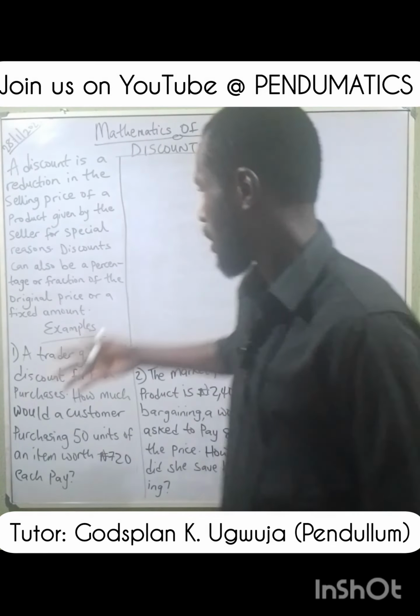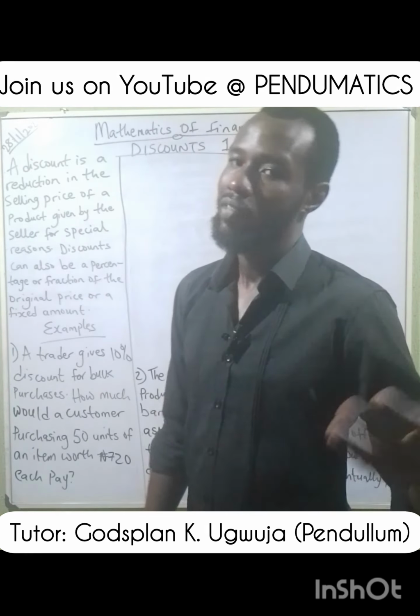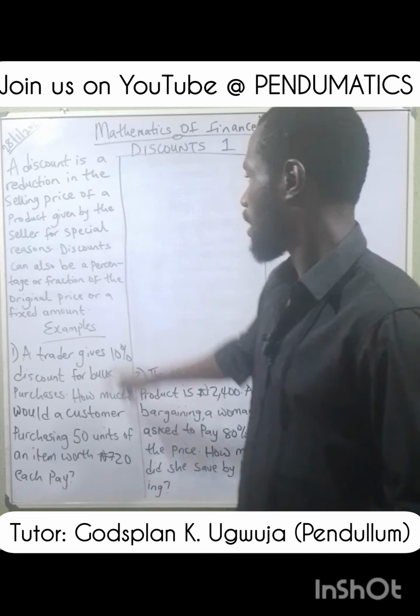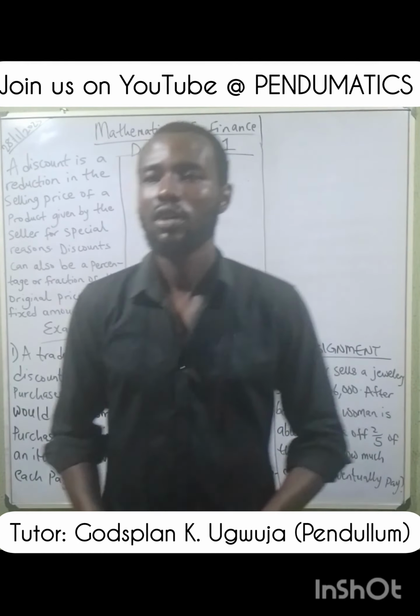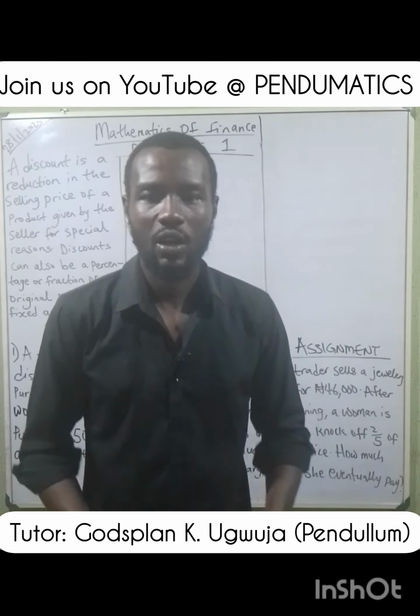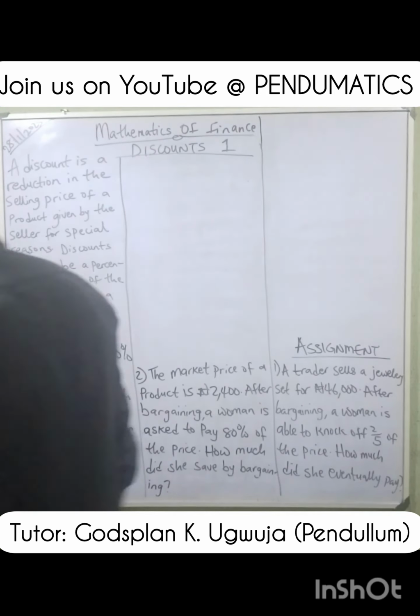It can also be a fraction. So 10% is around 1/10, and then it can be a fixed amount. For example, this product is 50,000, but we are removing 2,000 for today. It can be a fixed amount, a percentage or a fraction.